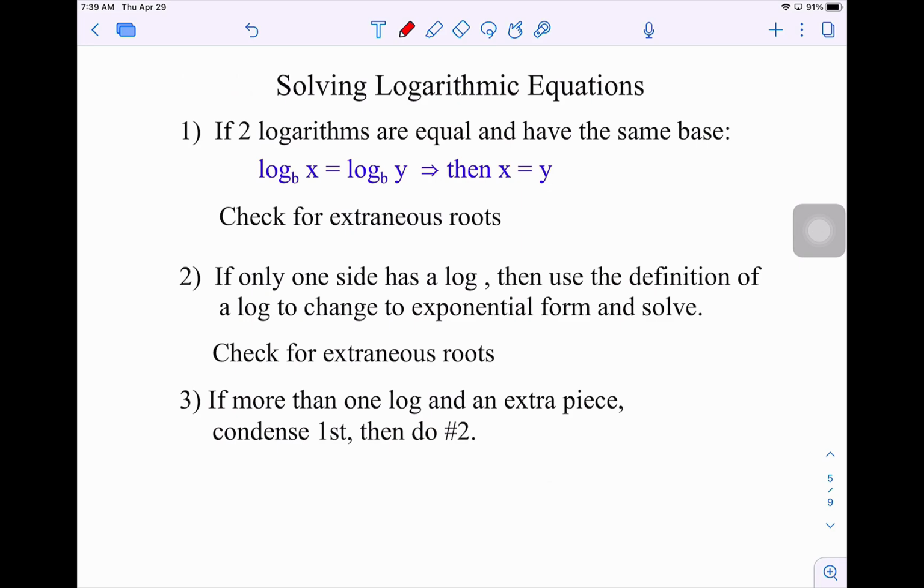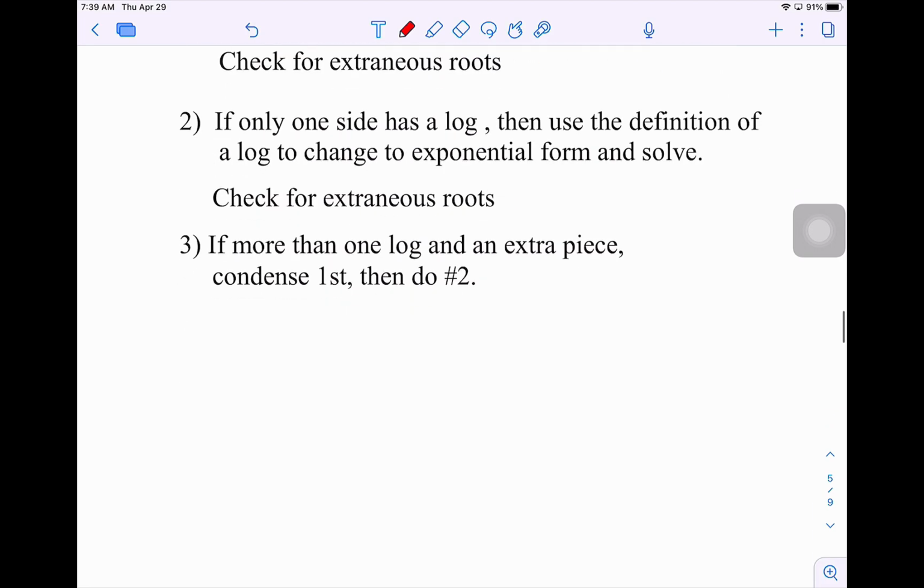Number two, if you've only got one log in the problem, just like an exponential function, solve for the log, and then from there, change it into exponential form and solve. Just like when you did exponential, solve for the exponential and change it into logarithmic. Same idea. And finally, number three, if there's more than one log on a side of the equation, you're going to have to do some condensing first, and then one of the first two. Okay? So, just a refresher.